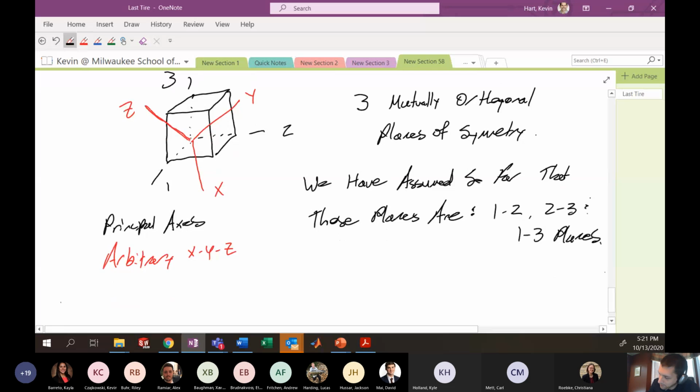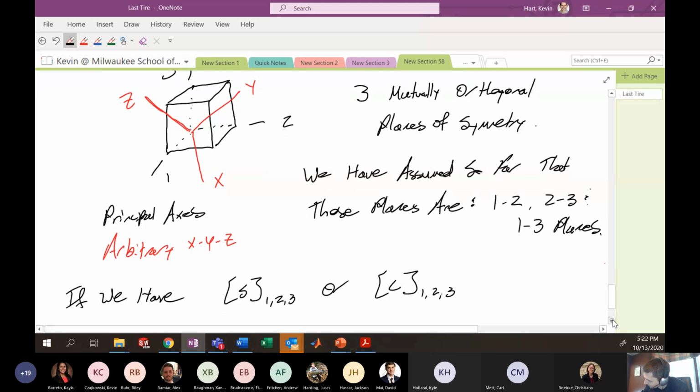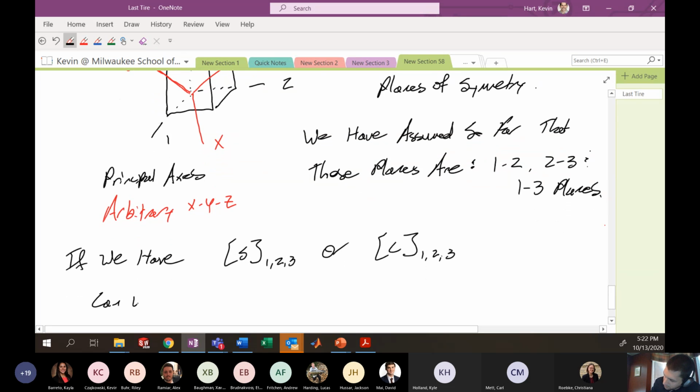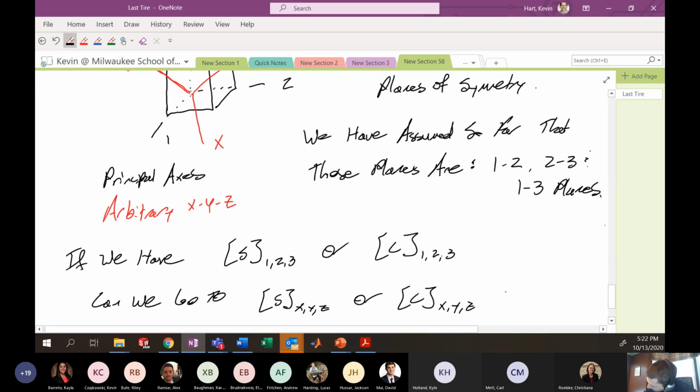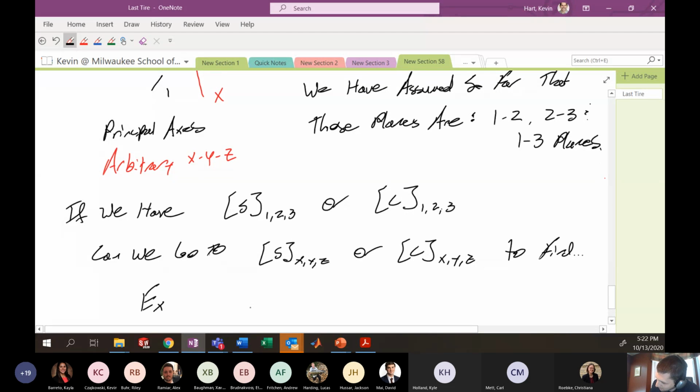So generally the idea is, if we have your compliance matrix S in the 1, 2, 3 coordinate system, or C in the 1, 2, 3 coordinate system, can we go to S in some arbitrary X, Y, Z coordinate system, or C in some arbitrary X, Y, Z coordinate system, to find things like what is the stiffness in the X direction?